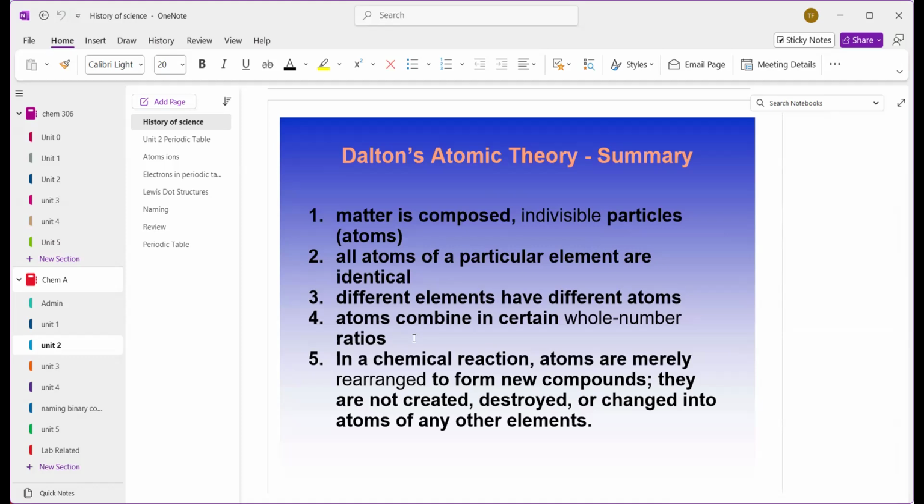Now, this is important. Number four, atoms combine in a certain whole number ratio. What's the formula for water? H2O, not H2.10. It's exactly 2 hydrogens, exactly 1 oxygen. Because we cannot split those atoms when we combine them into a compound. They have to be whole, hence whole number ratios.